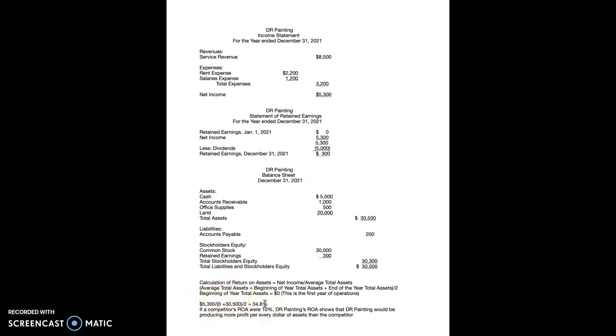In DR Painting's situation, their ROA is 34.8%. Now, if a competitor's ROA were 10%, DR Painting's ROA shows that DR Painting would be producing more profit per every dollar of assets than the competitor, right?